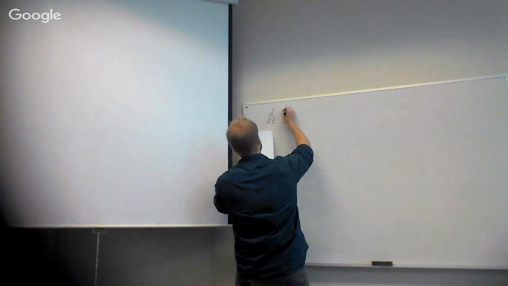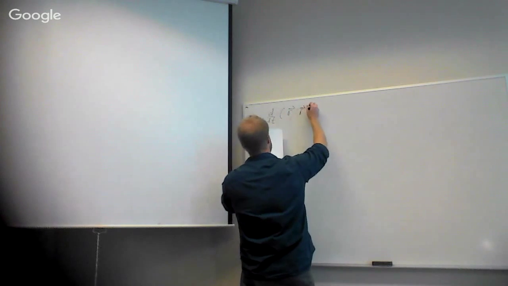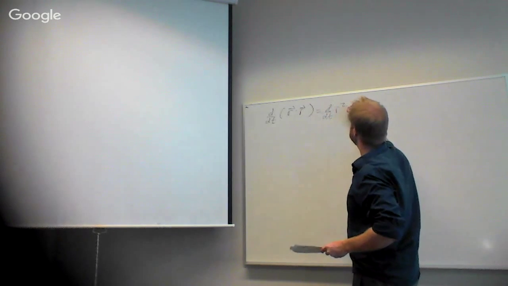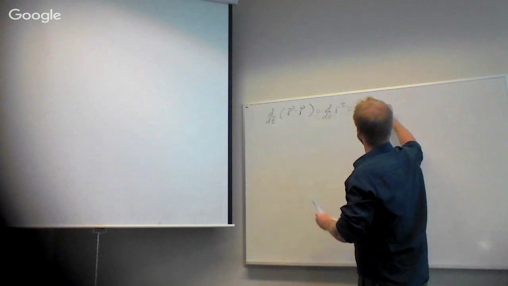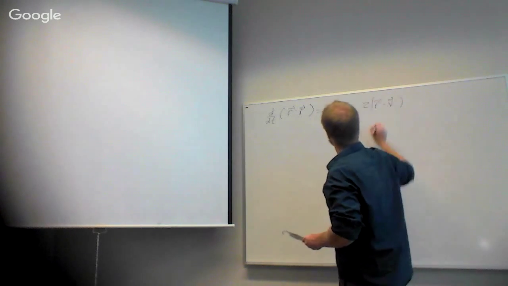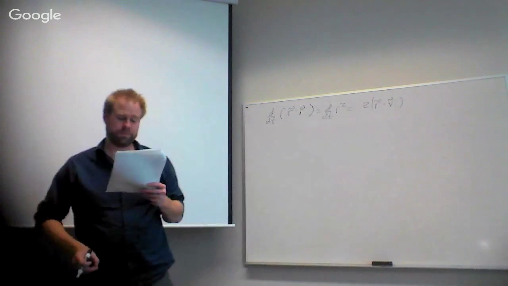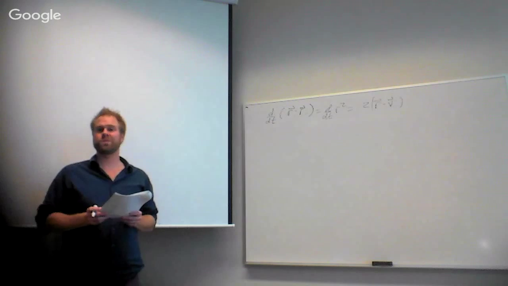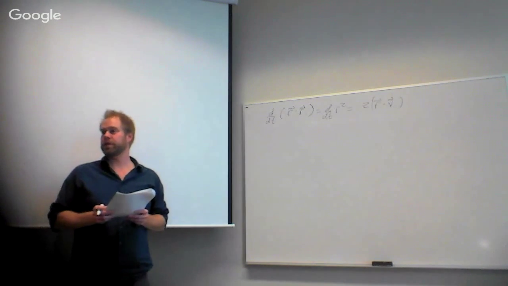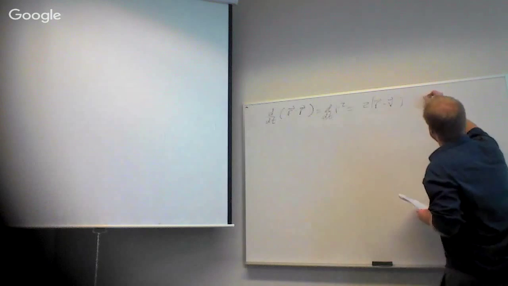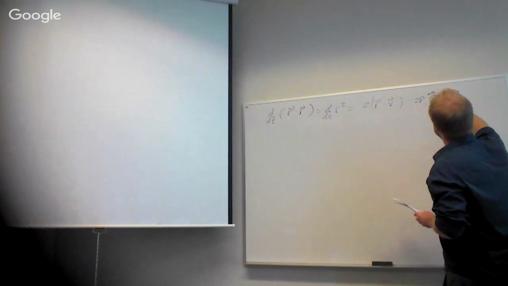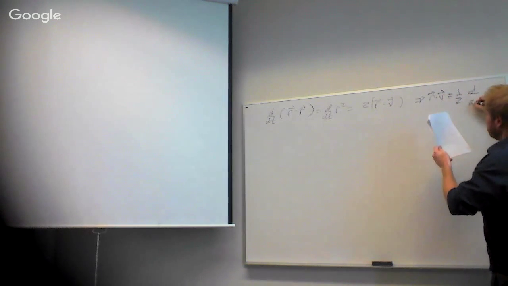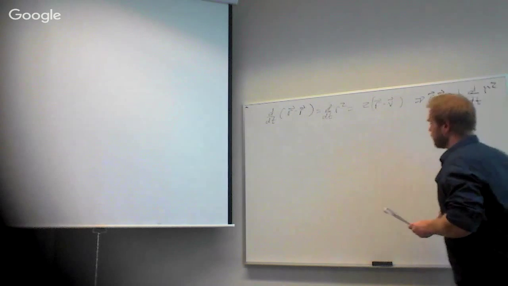Let's look at the time derivative of r dot r, which is the time derivative of r squared, which is the time derivative of 2 r dot v. So this means r dot v is equal to 1/2 d/dt of r squared.